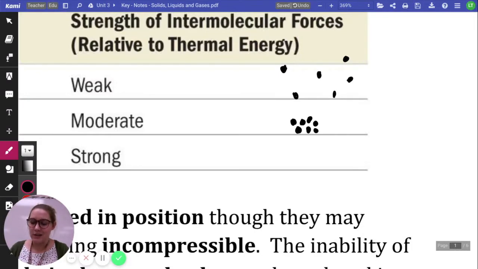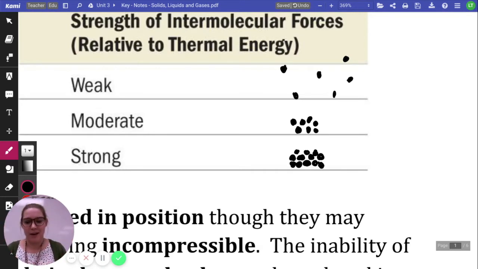And then solids is where your particles are super tightly packed together. In my drawing, solids and liquids look the same, but they should be close. Solids should be closer than liquids. I'm just trying to make sure you can see the individual particles. And again, like I said, I will insert videos of my little examples. But here's our solid right here.